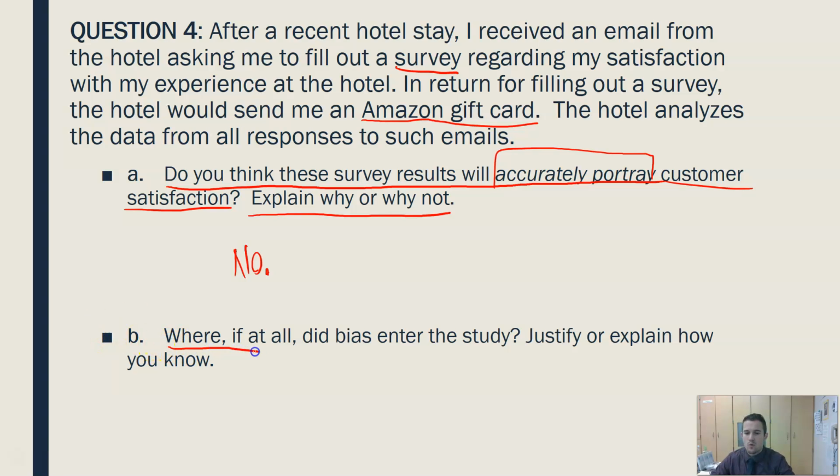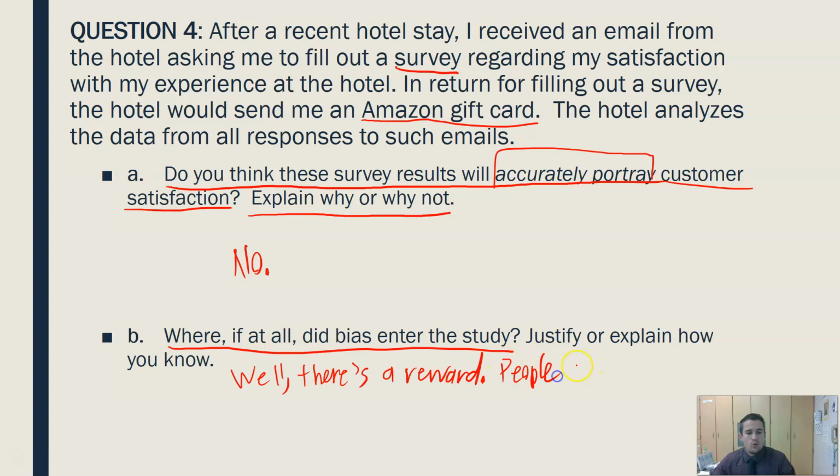And then part B here says, where, if at all, did bias enter the study? Justify or explain how you know. Well, there's a reward. There's a reward for filling out the survey. That's where I think the bias comes in, because people will fill out the survey more positively, because there's an incentive.